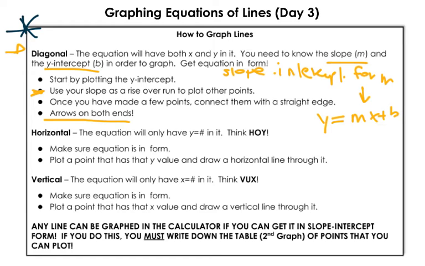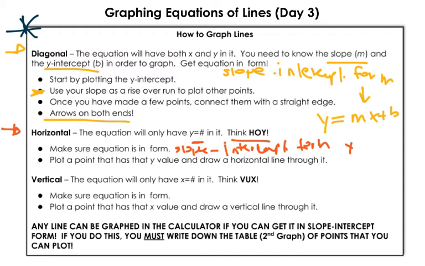And if we're talking about horizontal lines, the equation will only have y in it, right? Think HOY. And again, you want to make sure the equation is in slope-intercept form.